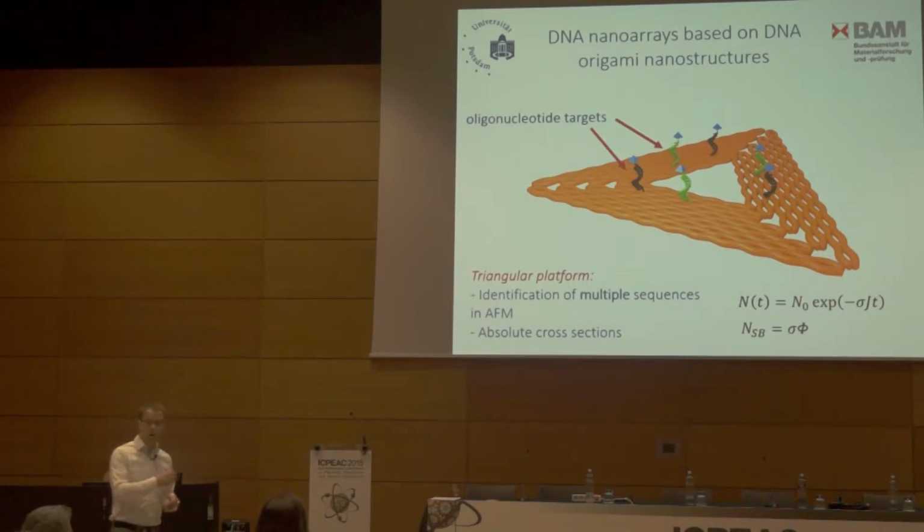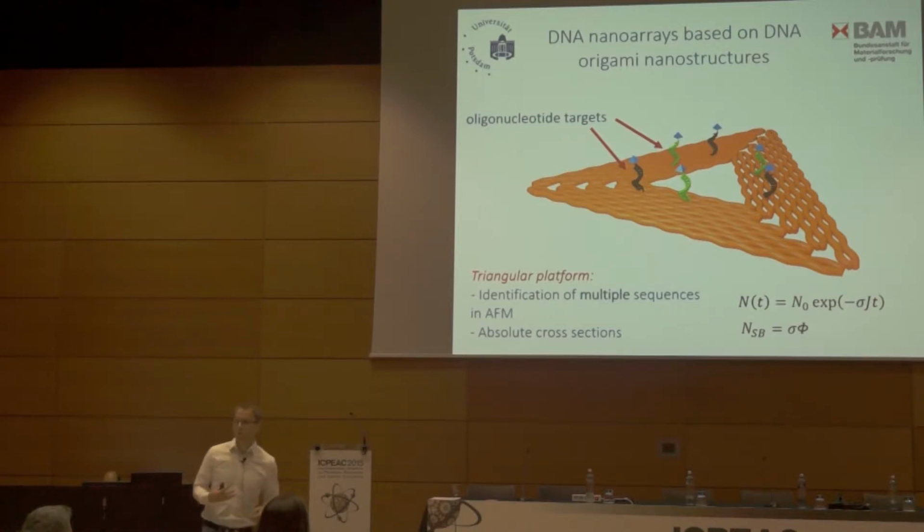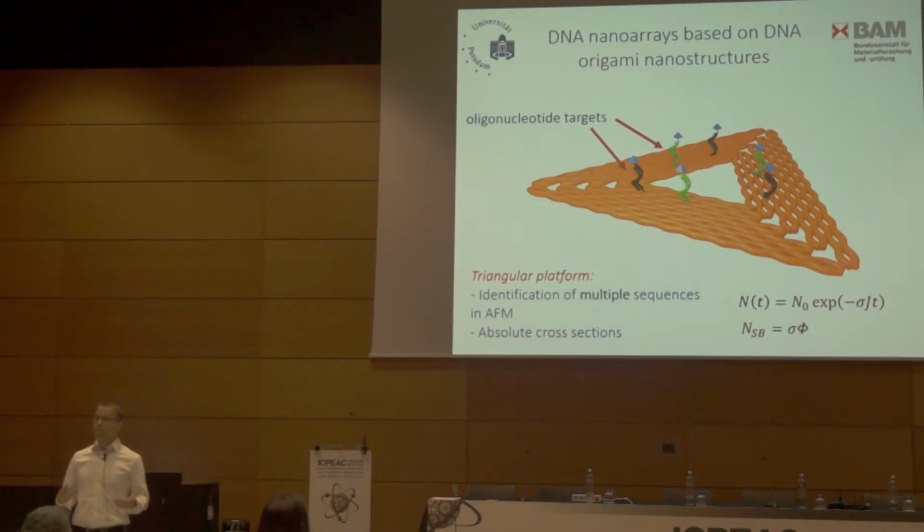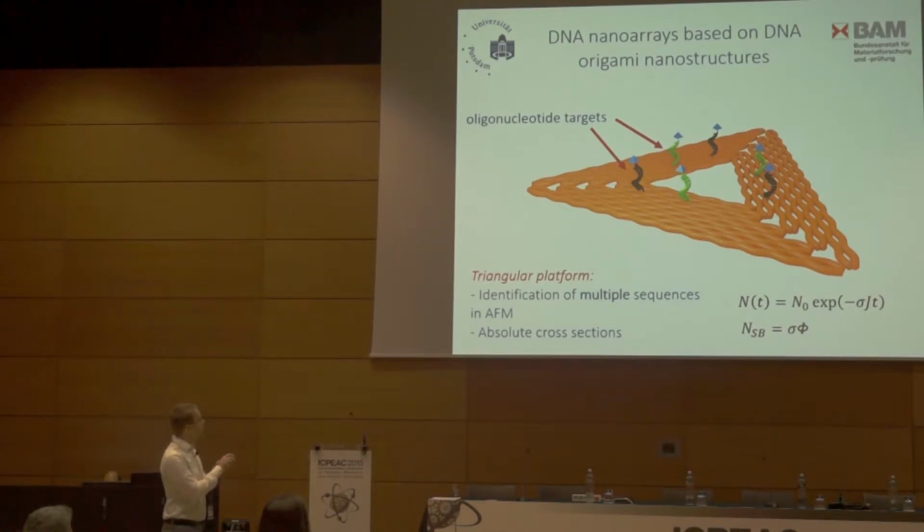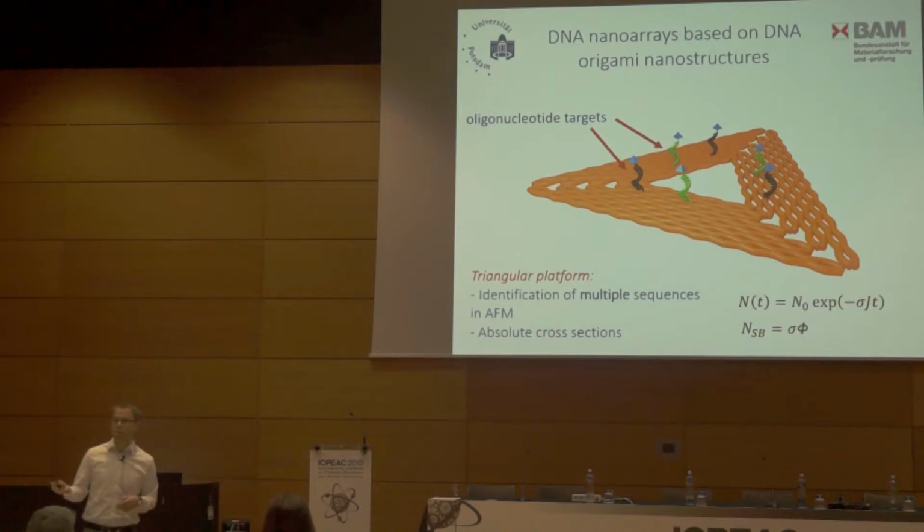And we image these structures. First we deposit them on the surface, and then we image this by atomic force microscopy. This has several advantages because then we can identify this pattern, we can identify the intact strands after irradiation, and in this way we can directly compare multiple sequences within the same irradiation experiment.